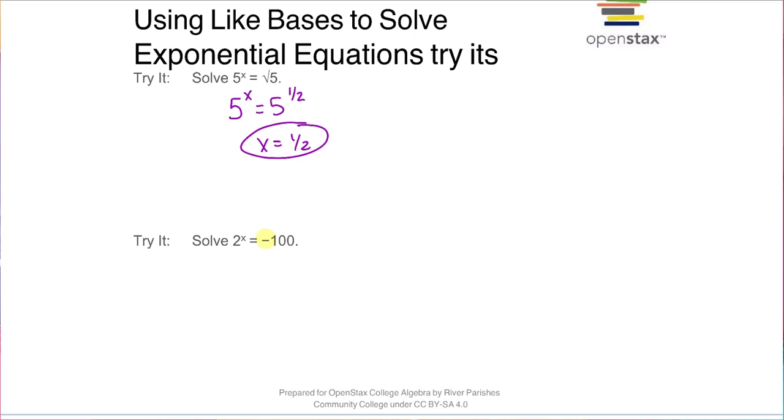If you will recall, the range of exponential functions is from 0 to infinity, which means it's not negative. Not on its own like that. So there's no way to solve this one. In this case, there's no solution to this equation because there's no number you could put in for x that's going to give you a negative 100.